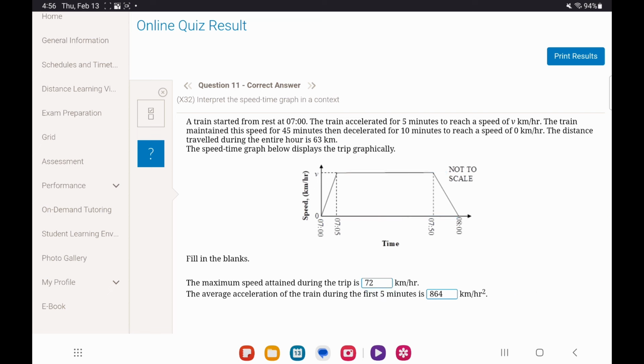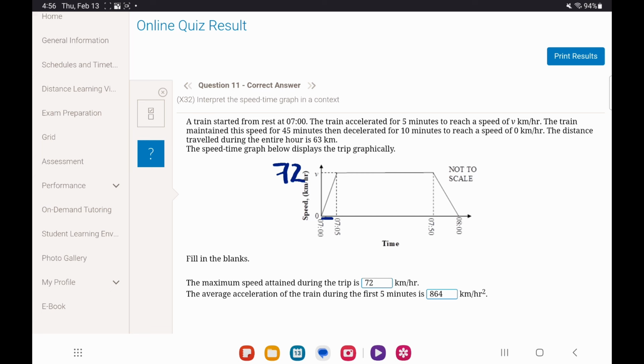And then we want the average acceleration in the first 5 minutes. We found v, so let's fill in the value of it, 72. They want the first 5 minutes.